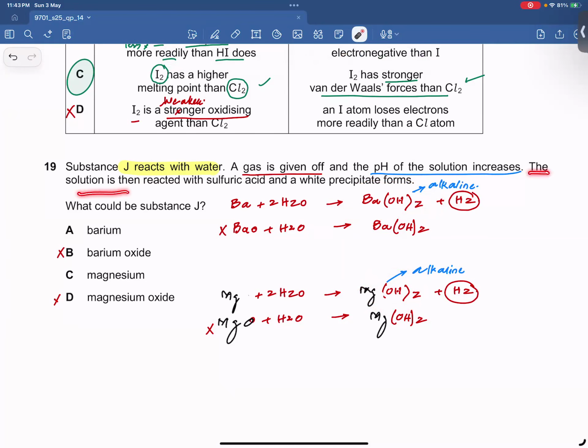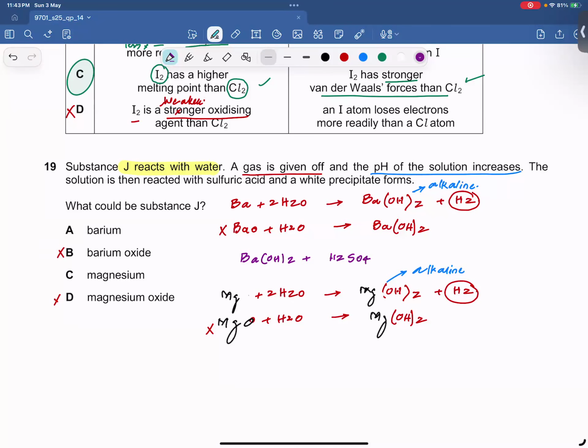The solution is then reacted with sulfuric acid and white precipitates form. So when barium hydroxide reacts with sulfuric acid, it will turn to barium sulfate and water.